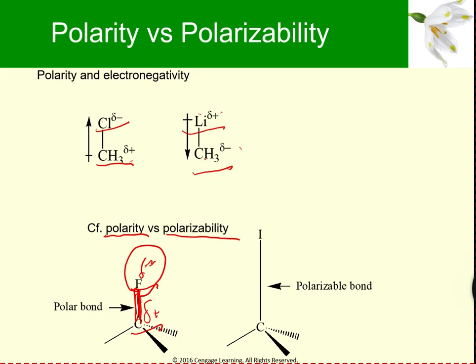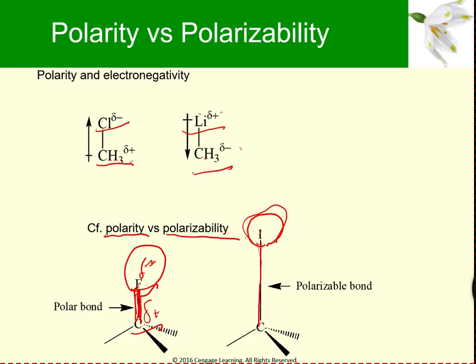Now let's compare this bond with this bond. In this case, this is iodine. The size of the iodine is much larger than the fluorine. So the bond length between carbon and fluorine will be shorter compared to the bond length between iodine and carbon. Even though the electronegativity of iodine is lower than the electronegativity of fluorine, this bond is still polar.